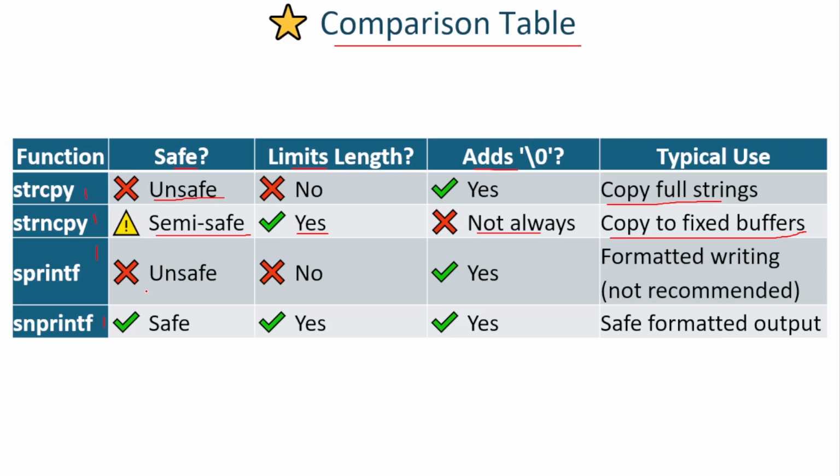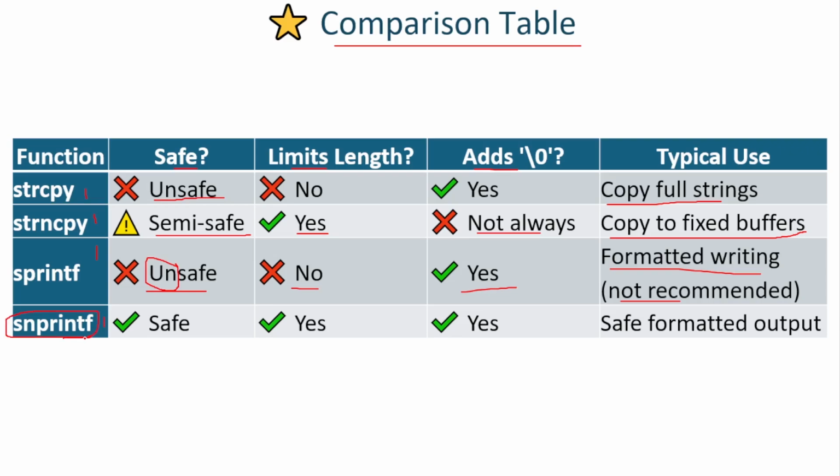sprintf is another unsafe function because it writes formatted data into a buffer without checking the available space. If the formatted output is too large, it will overflow the buffer. Although it does add a null terminator, the lack of boundary checking makes it dangerous and outdated for modern secure programs.